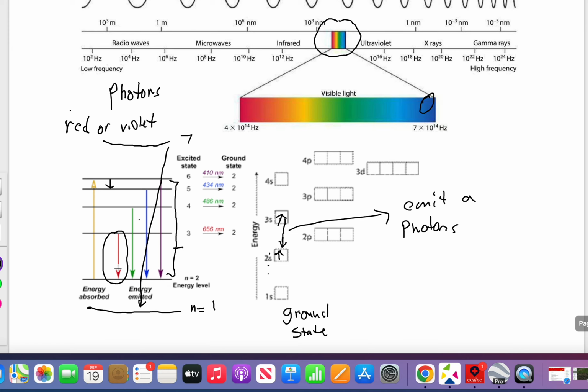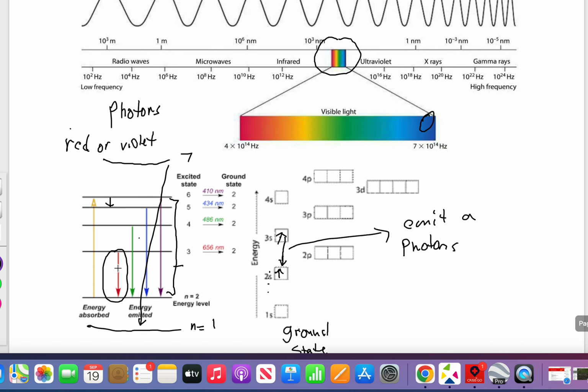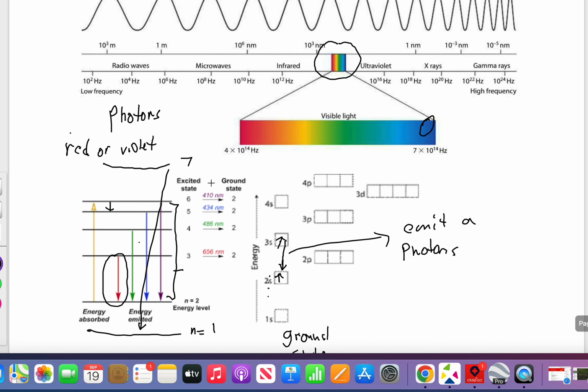Well, that change in energy is so much that the photon is outside the visible spectrum. It could be somewhere up here in the ultraviolet light that humans can't see. But when an electron falls just the right amount of energy, the photon emitted corresponds to a color on the visible spectrum that humans can see.